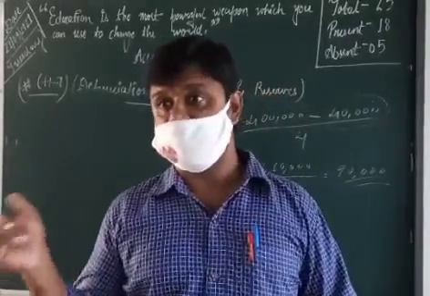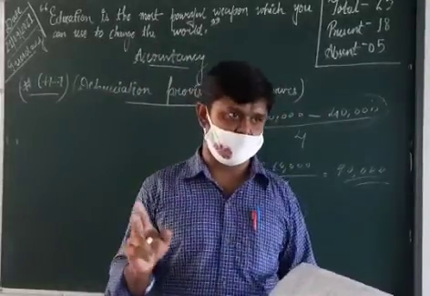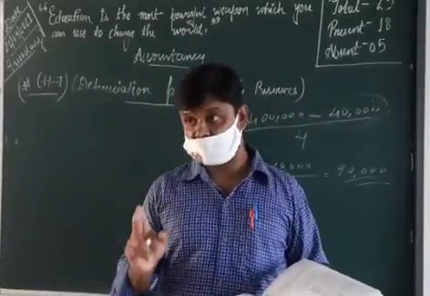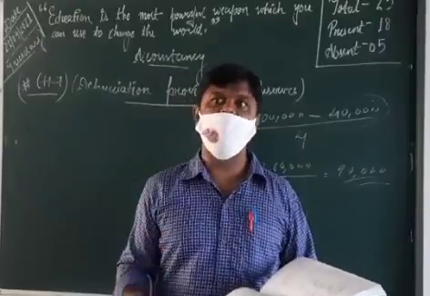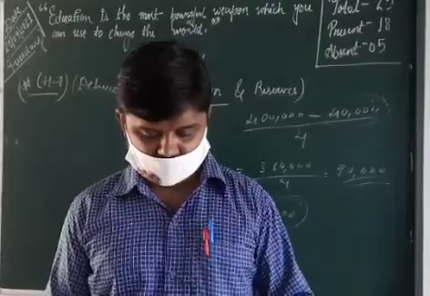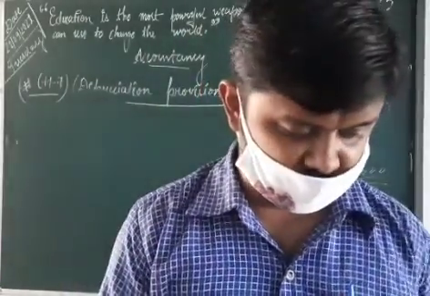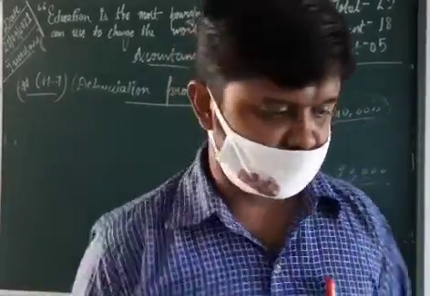In the second method, when a provision is created, you need to show the provision for depreciation account also. With this information, we can see how to solve the question.